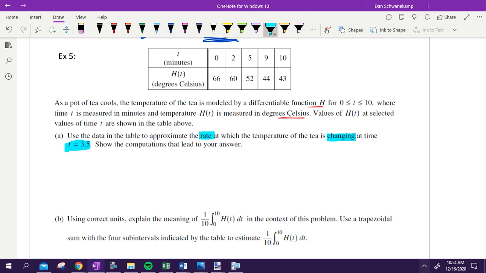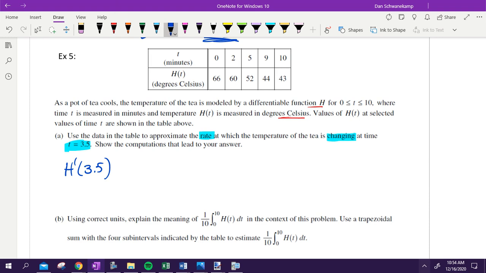I want to know the rate of temperature changing. What am I going to do with temperature if I want to know the rate the temperature is changing? Find the derivative. If I want rates, that is derivatives. So what I want to find is the derivative, h prime, at 3.5.